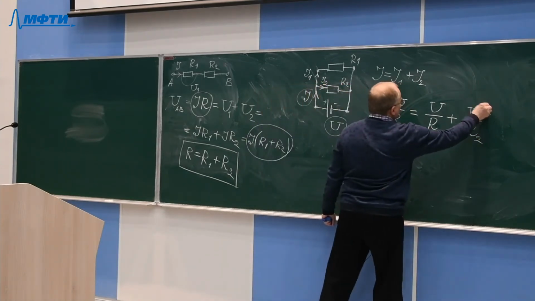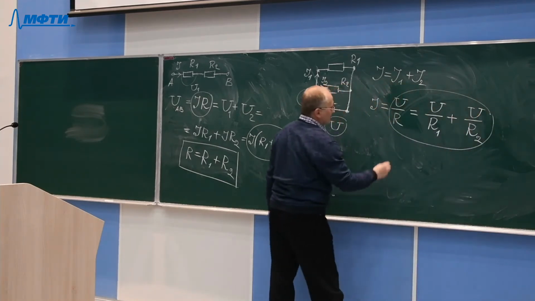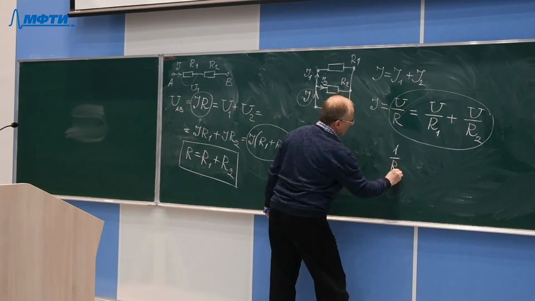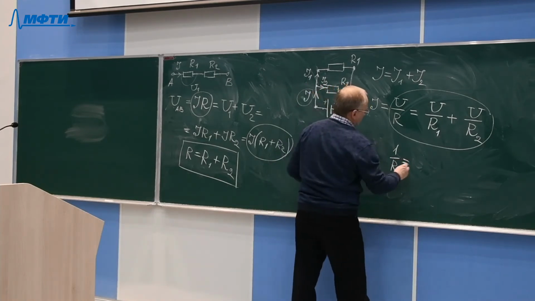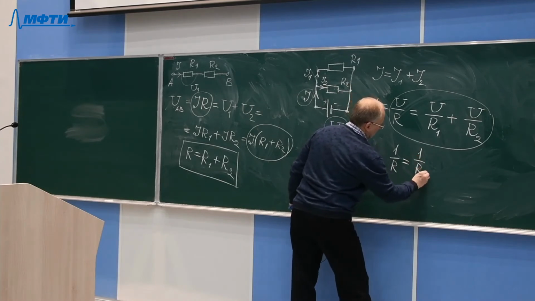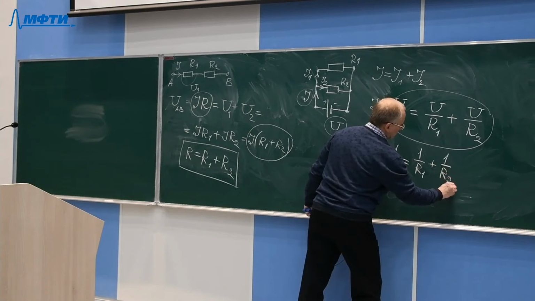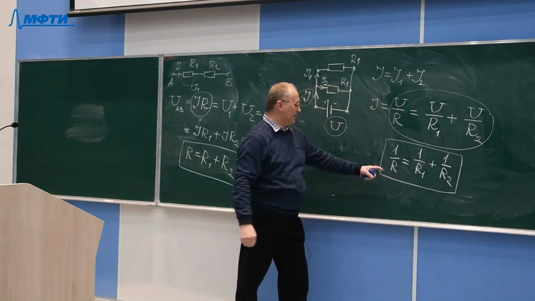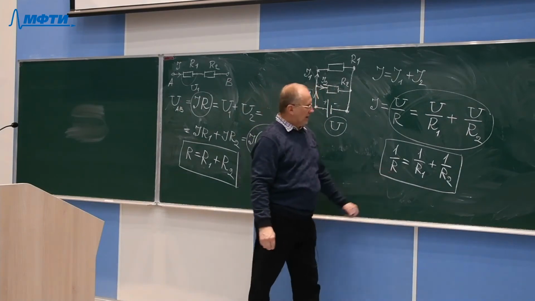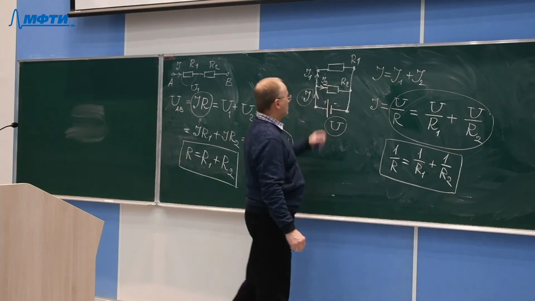Looking at this equation, we easily understand that the same quantity U can be cancelled here, and we obtain the formula: 1 divided by the total resistance of the scheme is equal to 1 over R1 plus 1 over R2. That is the formula to calculate the resistance of resistors connected in parallel.